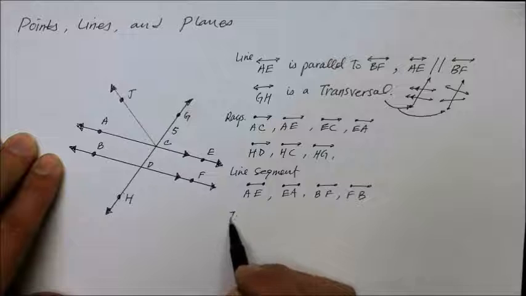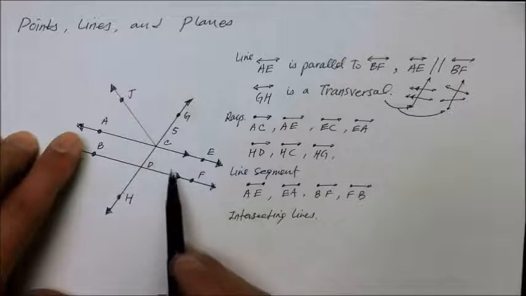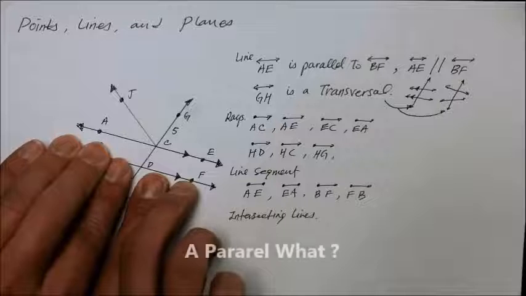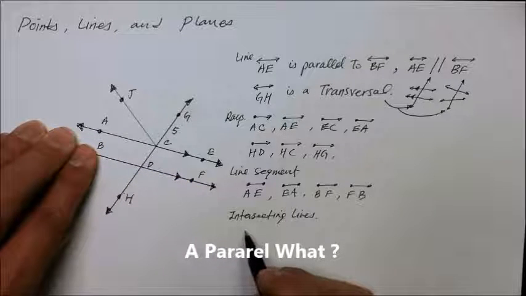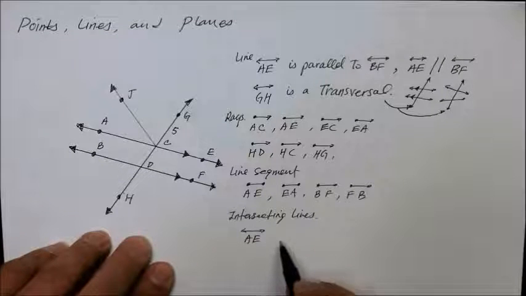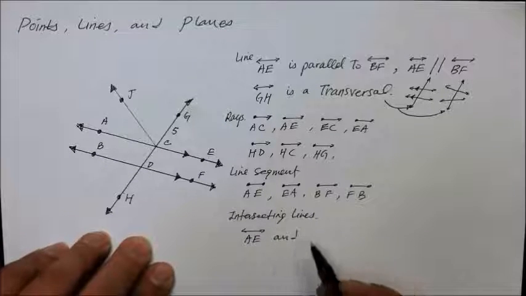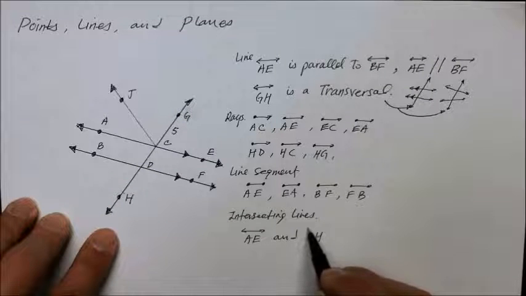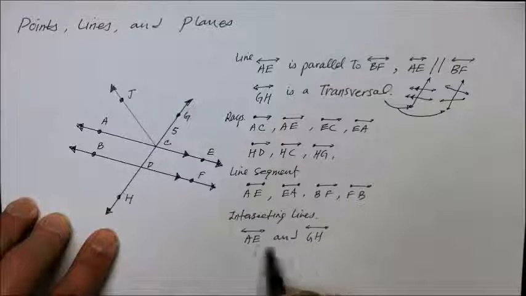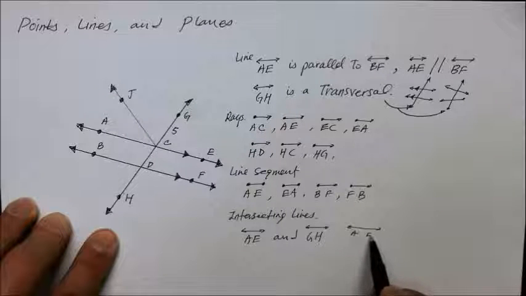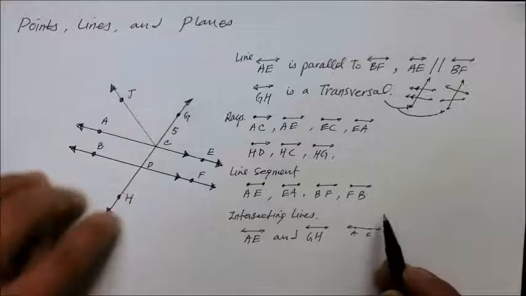How about intersecting lines? Well, if you look at this carefully without the second parallel line over here, you could see that the line AE and the line GH are intersecting lines. See? AE this way and GH that way.